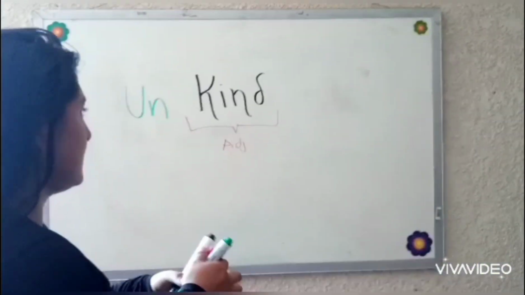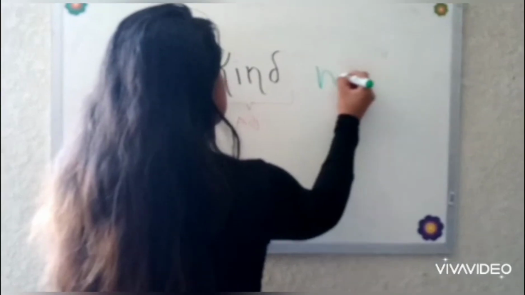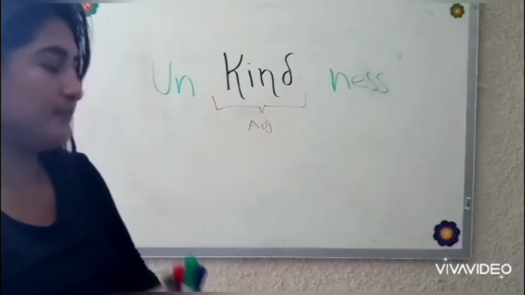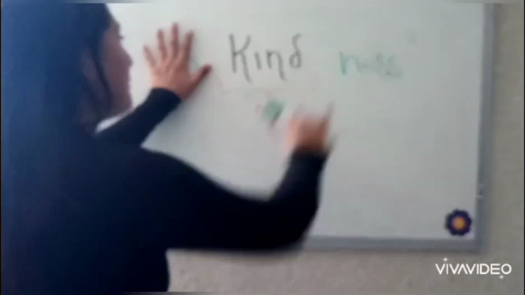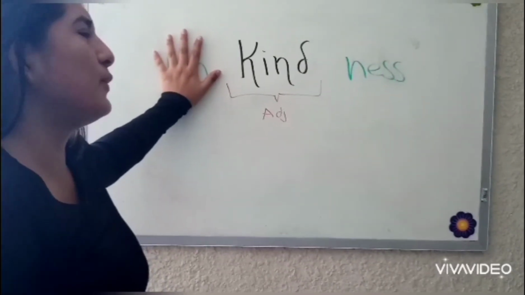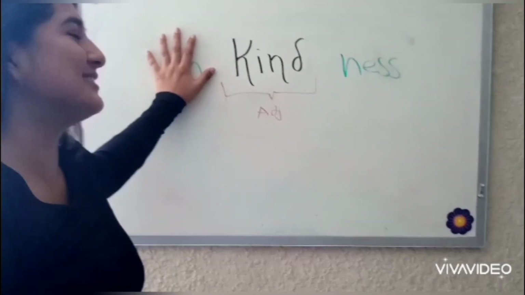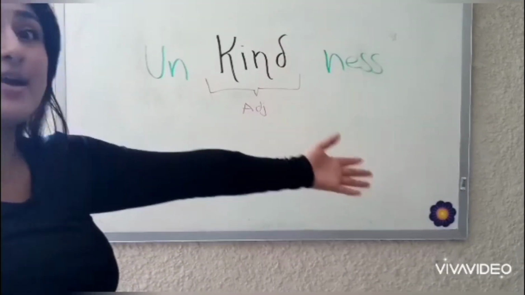The un doesn't exist. If we add ness to kind, kindness turns to a noun. Of course, it turns to a noun. But what would happen if we do it with un? Unkindness. It's a noun.